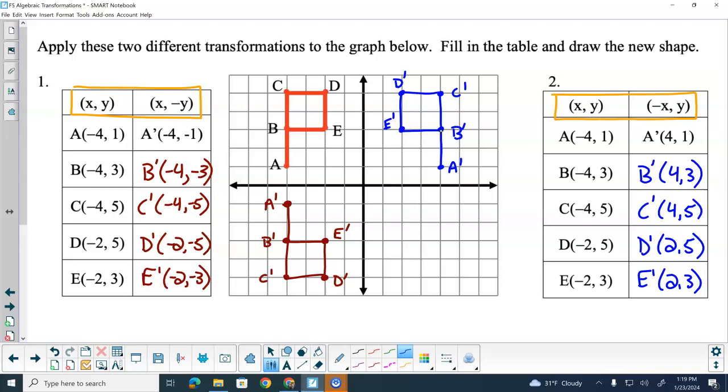Or if I fold it the other way, it looks like the red and the maroon are going to fold on to one another. Okay? So those are what are called reflection lines. And so here would be a reflection line, and here would be a reflection line. The vertical one would be for red and blue. The horizontal one would be for red and blue. Okay? So those are reflections.